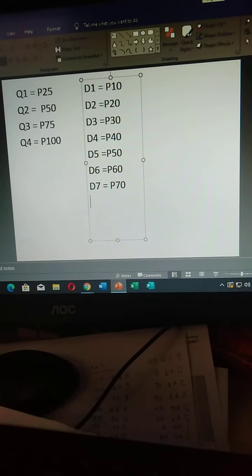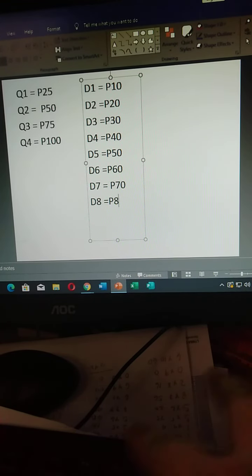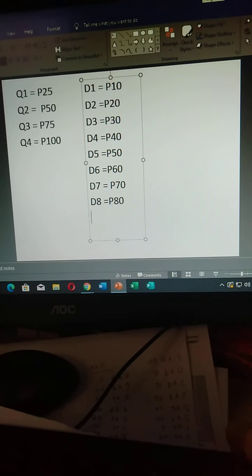And D8 is equal to P80. D9 is equal to P90, and D10 is equal to P100. So, di ba?